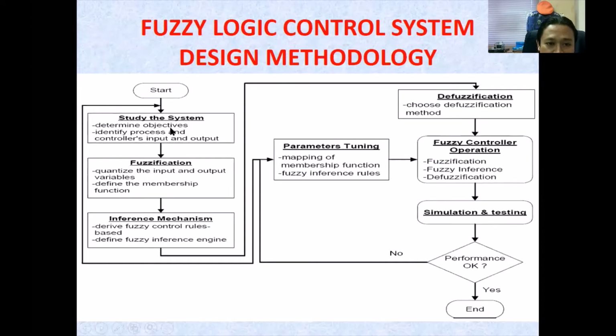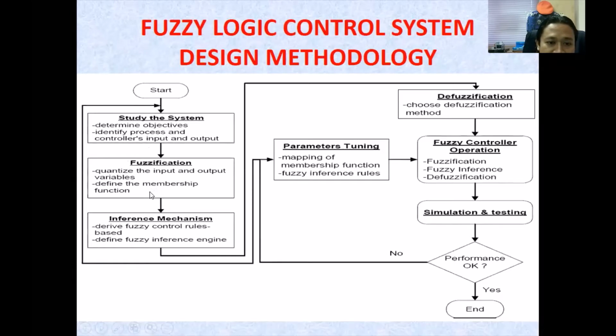First we have to know what our input and output are, and then we go to the first component, fuzzification. In fuzzification, we have to set the quantization of the input and output variables, one by one, and then define the membership function.